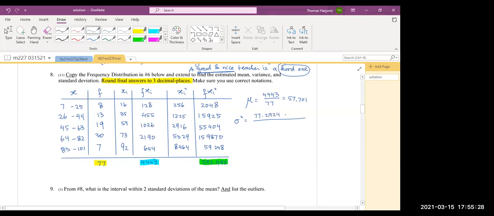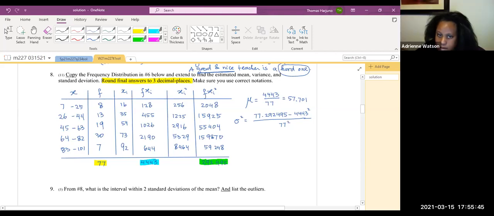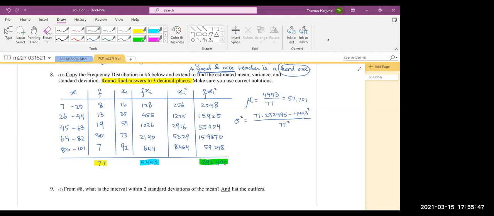That's right. And then minus the 4,443 square. Don't forget the square. That's right. Over 77 squared, because that's population, right? That's population, so that's 77 squared.